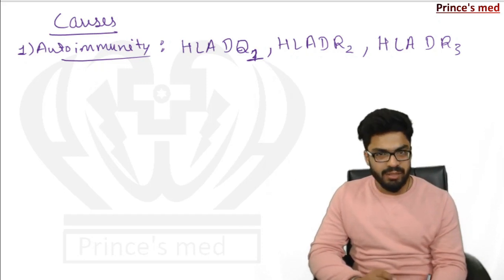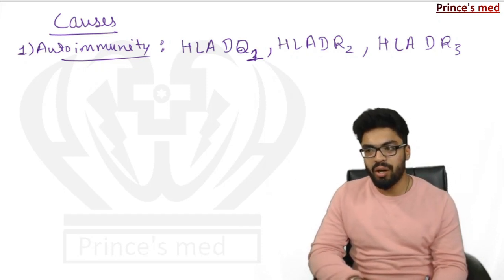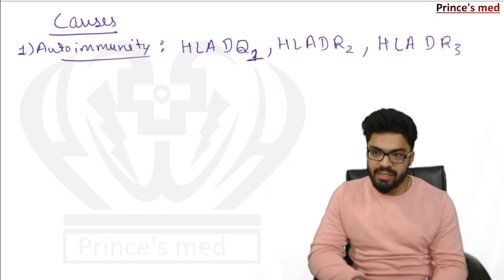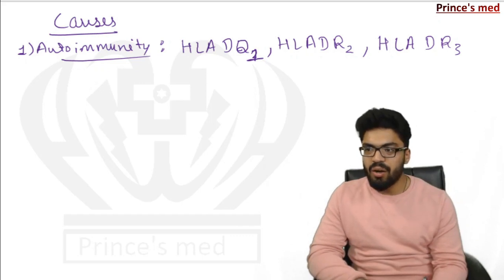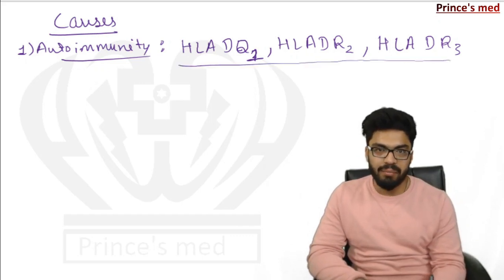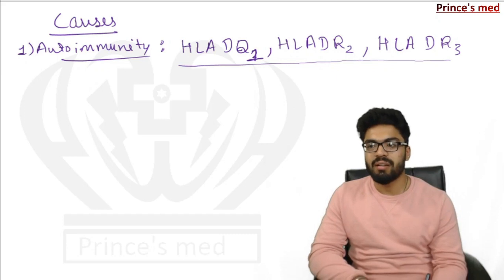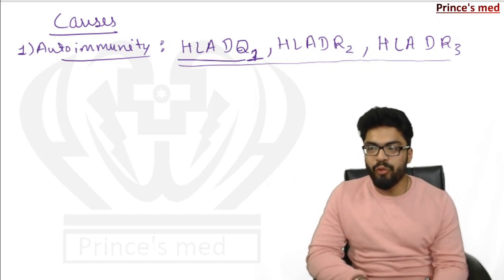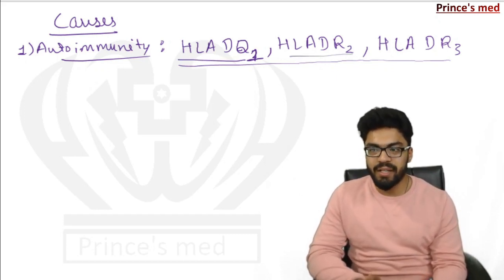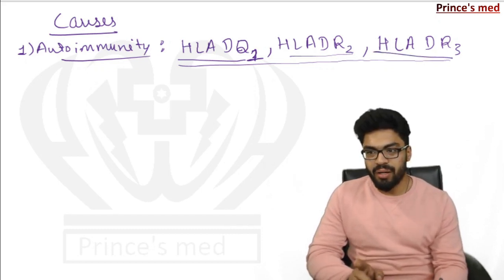Any one can be responsible for the autoimmunity against the beta cells, or all of them can be responsible. Means HLA-DQ1 alone is possible, HLA-DR2 alone is possible, or HLA-DR3 alone is possible for this type of cause, or all three can be possible for this type of cause.